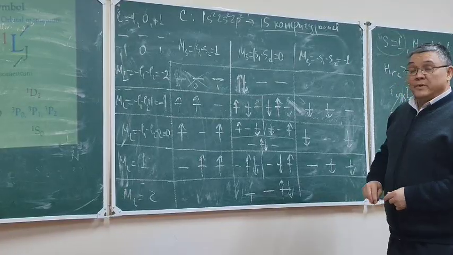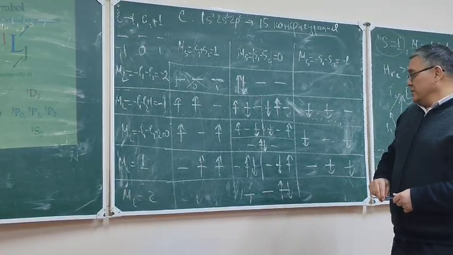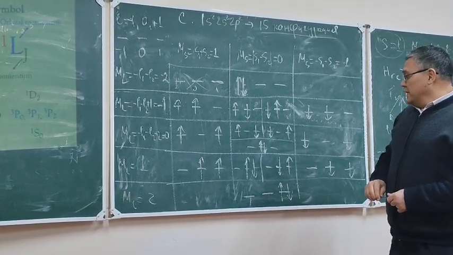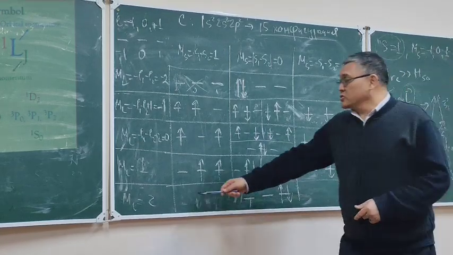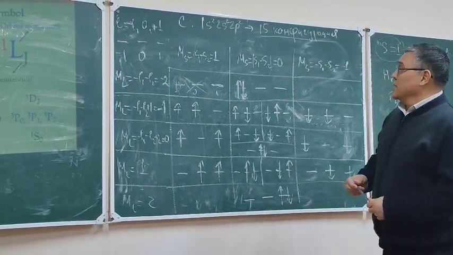Both of them will give us L1 plus L2 equal to 2. So ML corresponds to a value of 2.